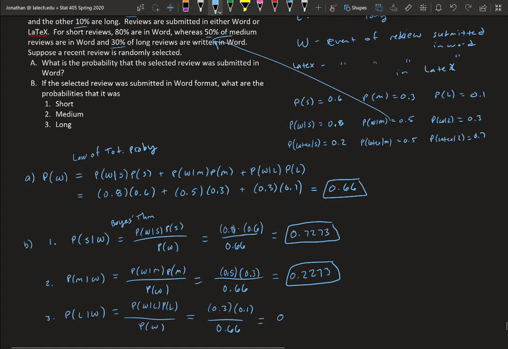And that turns out to be 0.0454, I think, which is actually 1 minus these two, because of all your Word documents, it has to be one of these 3. So that's kind of a sanity check, you could say.